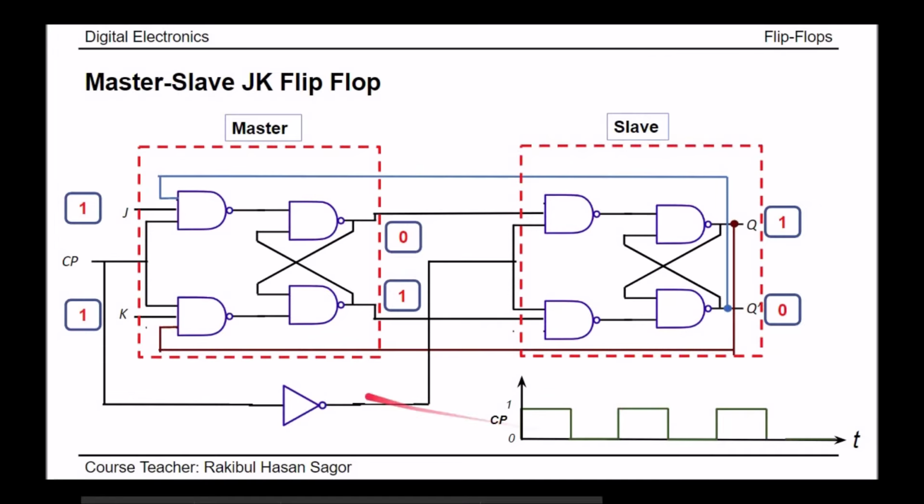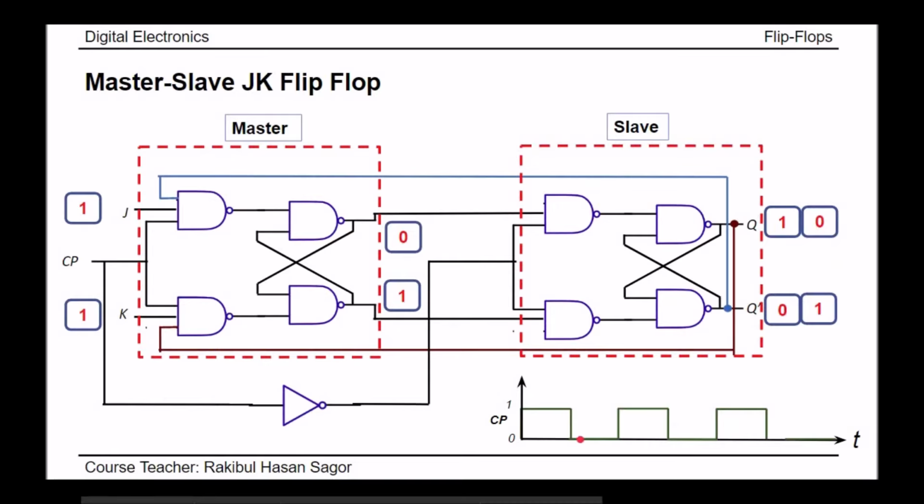During this period, this master is deactivated and slave is activated, because clock pulse 0 means here for the slave will get clock pulse equal to 1. So when clock pulse is equal to 1 for slave case, we are giving 0 at the J side and 1 at the K side. So what will be the output? The output will be reset. When the output is reset, we'll get 0 here and 1 here.